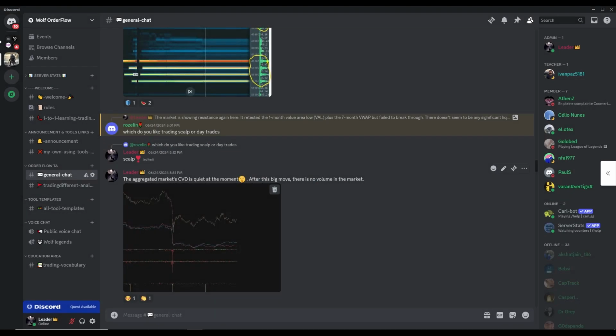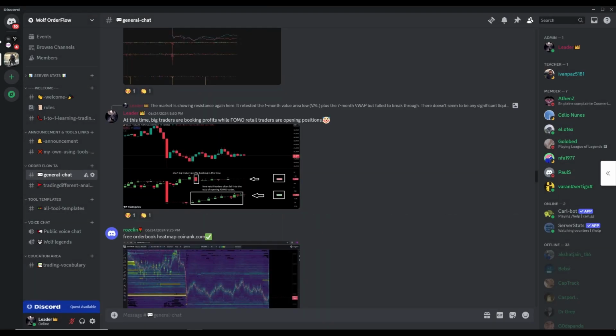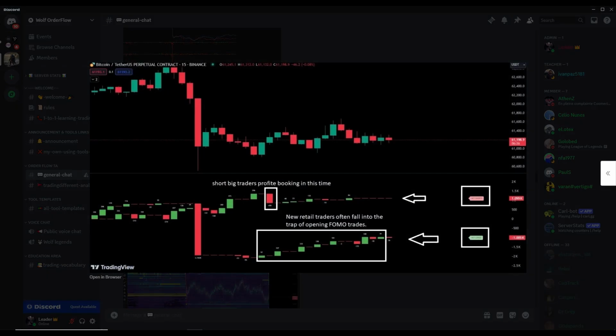This meant that retail traders were taking FOMO positions and big players were not present at the moment. In this picture, it appears that the retail trader is opening a long position despite the market not being able to move upside.